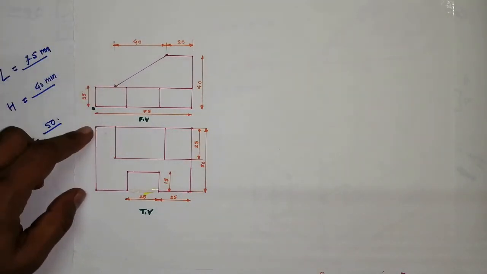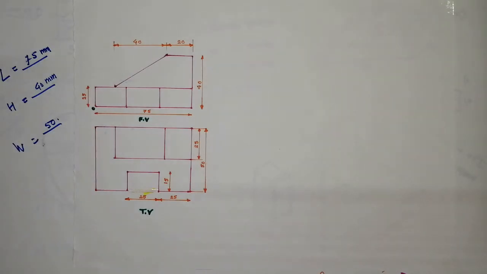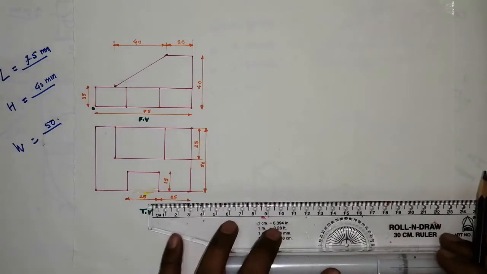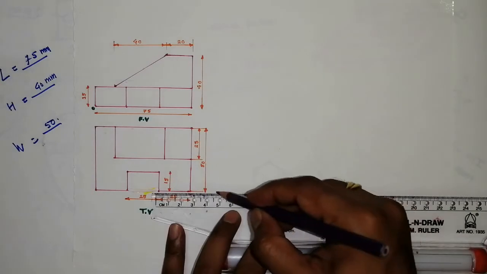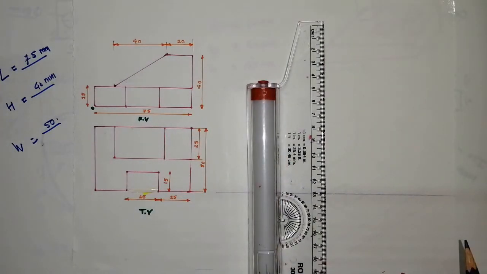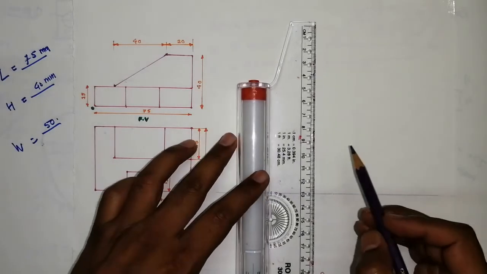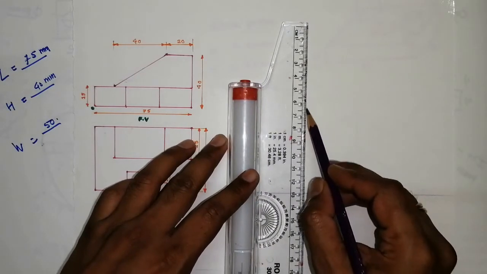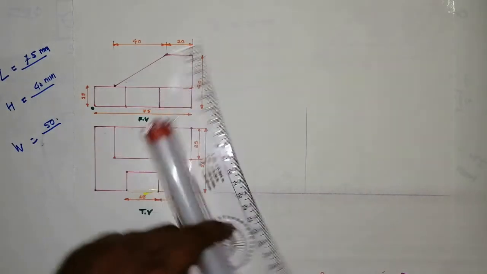Now we will start with the construction. The basic construction: we have to draw two perpendicular axes, something like this.